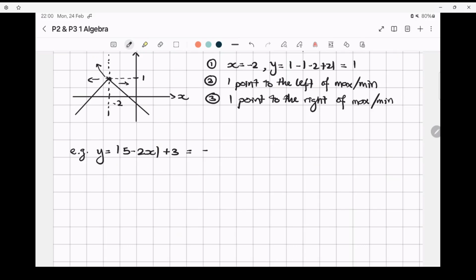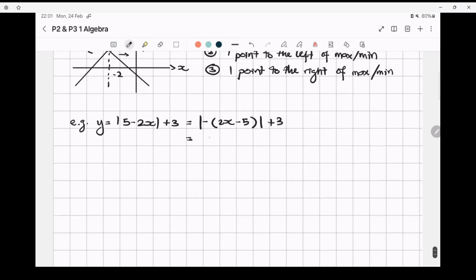So you have a minus sign, 2x minus 5, then put a modulus. Then you can separate out the modulus element. And it becomes modulus 2x minus 5 plus 3.